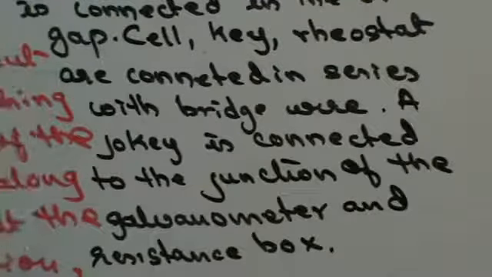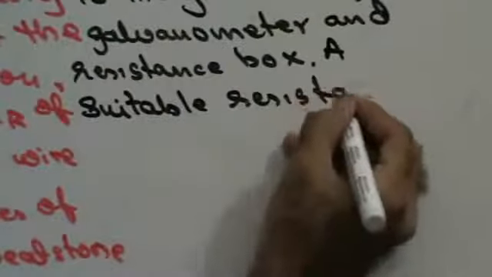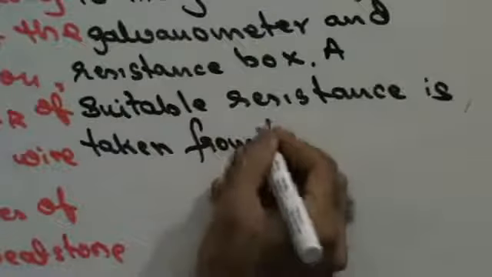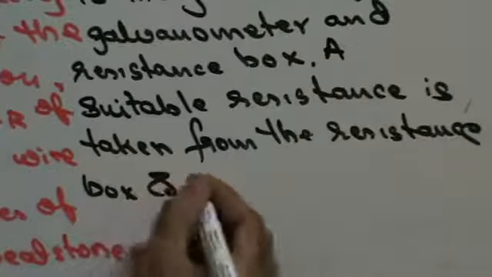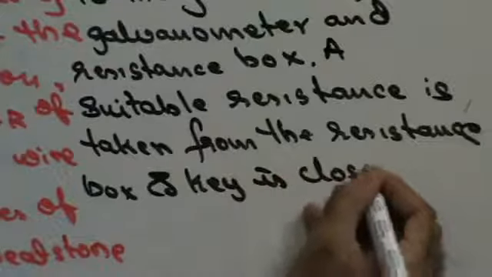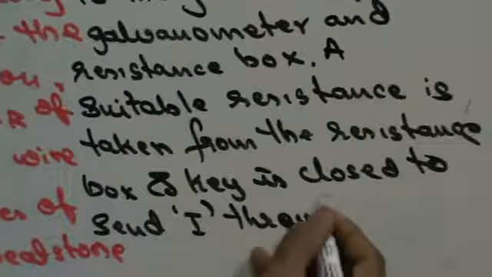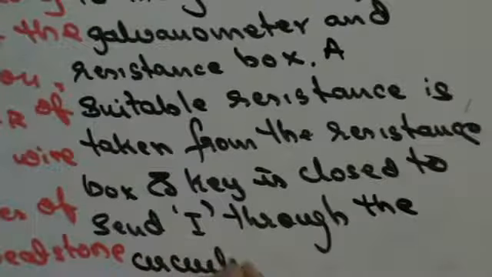Fine. Now, a suitable resistance is taken from the resistance box and the key is closed to send current through the circuit. Right?